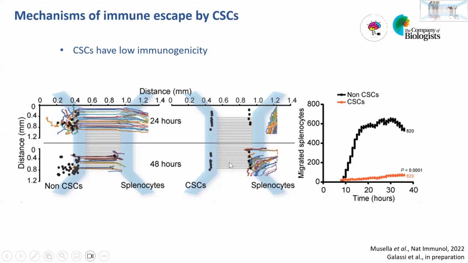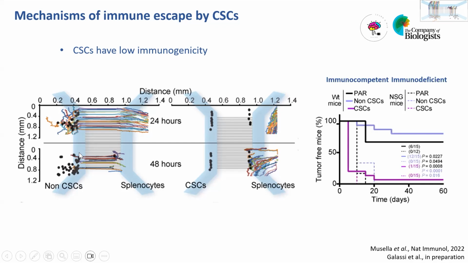At longer times, they even move away, meaning that they have a higher migration as compared to non-cancer stem cells. This low immunogenicity has been confirmed in vivo, in xenografts, again of the different fractions of non-cancer stem cells and cancer stem cells, in immunocompetent and immunodeficient mice.